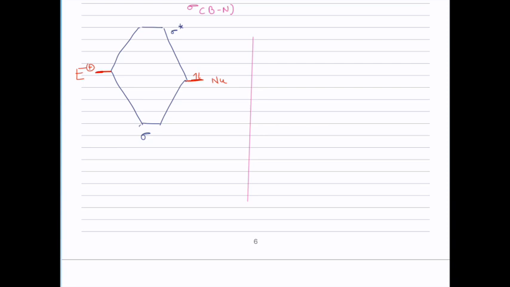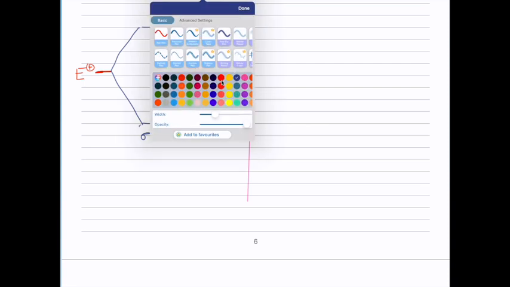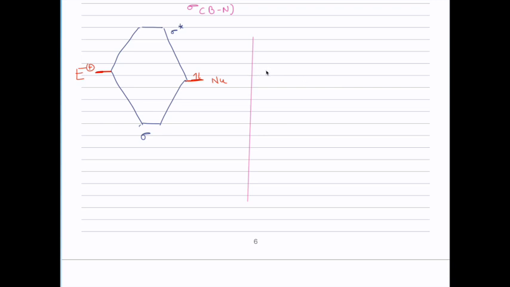But one other approach we can see is, let's suppose we have an electrophile with an empty orbital, and a nucleophile, but the nucleophile energy is very low. Let's suppose this is the nucleophile energy. It has one pair of electrons, or non-bonding electrons.